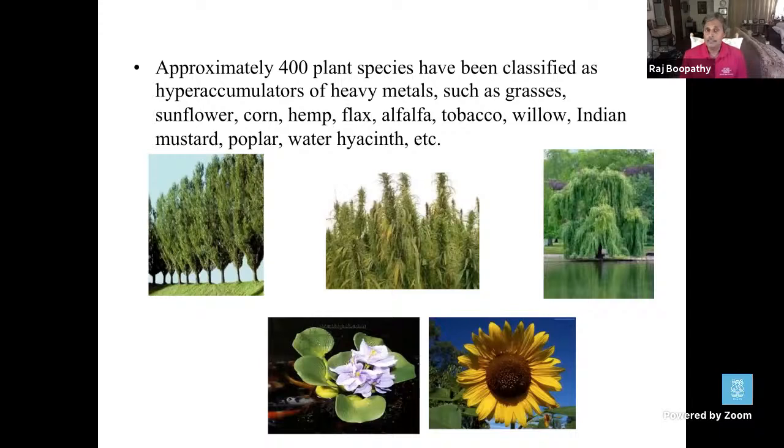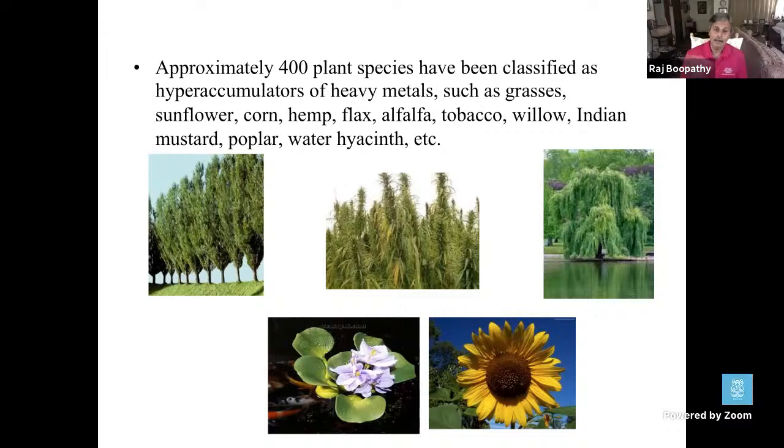Approximately 400 plant species have been classified as hyperaccumulators of heavy metals. So most of the time, phytoremediation is used to clean up heavy metals. The plant takes up the heavy metals and you can harvest it, and sometimes you convert the heavy metal from soluble form to insoluble form, and you can precipitate it.